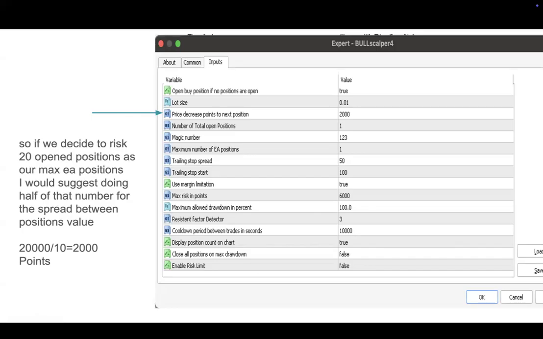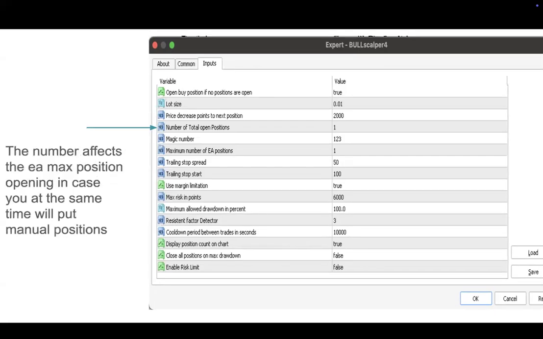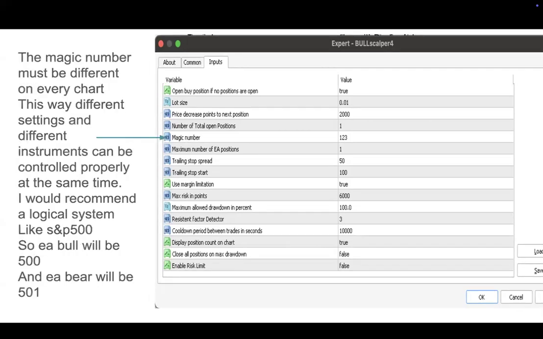That means that if it's going to fall the whole way, we're going to have something between 10 and 20. It depends on the way it's going to move up and down, but that's our risk factor. So that's the number of manual open positions that the EA should take into consideration.